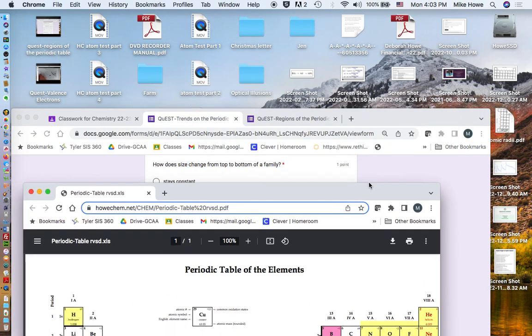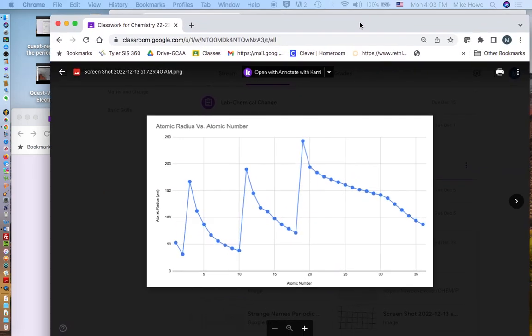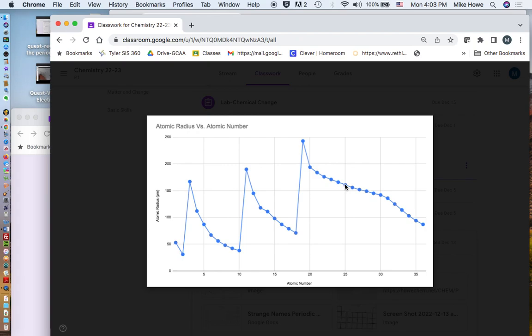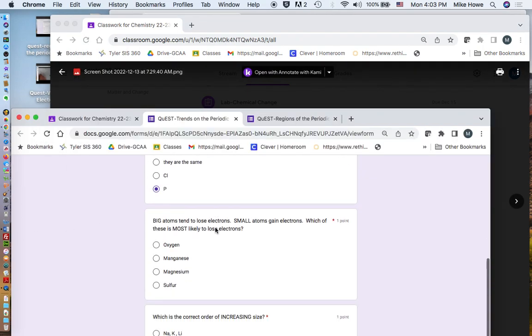So manganese is element 25, right there. Magnesium is element number 12. So it looks like manganese is going to be more likely to lose because it's bigger. So you want to pick the one that's bigger.